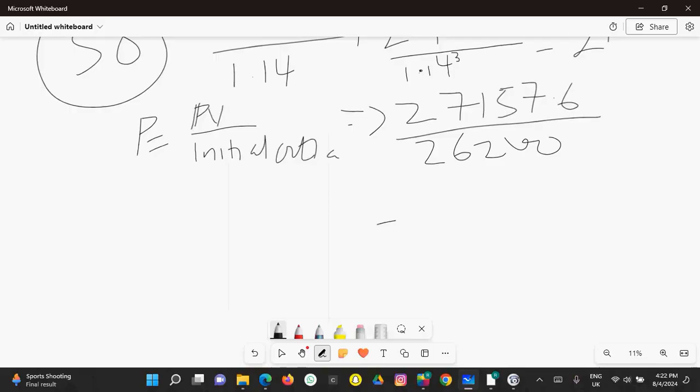Which is going to give us 1.036, roughly 1.04.